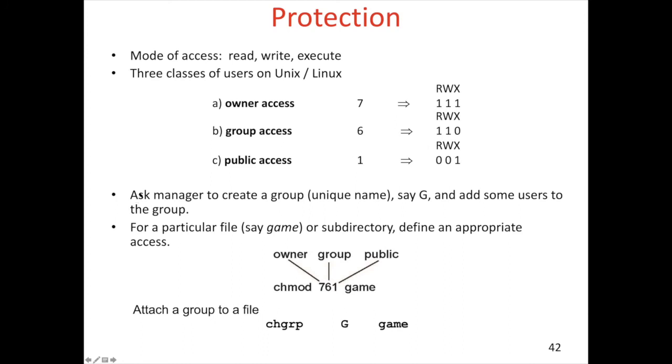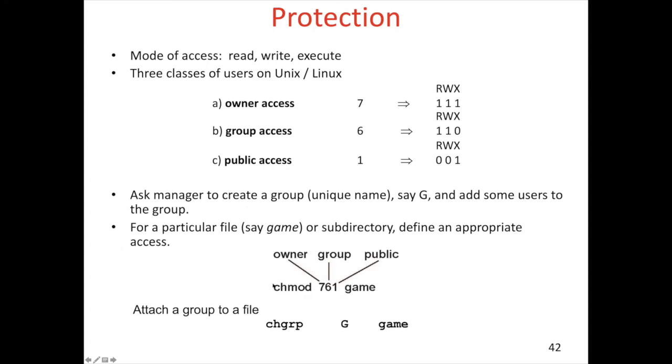If a user desires to create a group, the user asks the manager to create a group with a unique name, say G, and add some users to the group. For a particular file, say game, or subdirectory, define an appropriate access. Here, we desire to have accesses as given here.